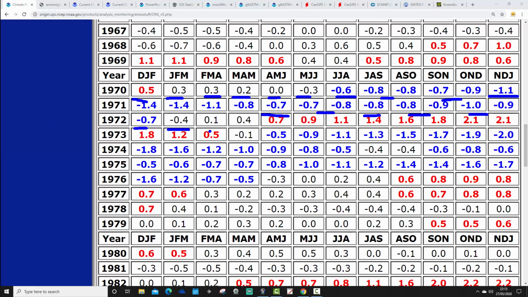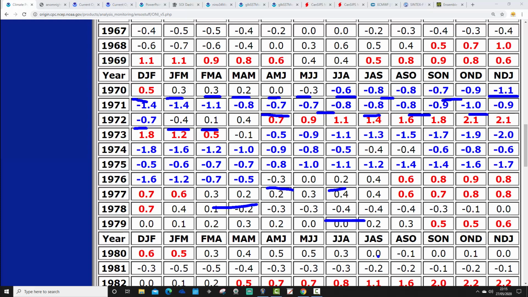We have an El Nino, a warm event, lasting from 72 to 73. So El Nino is red, La Nina is blue. And of course black is ENSO neutral, so that's when you're neither in El Nino or La Nina.